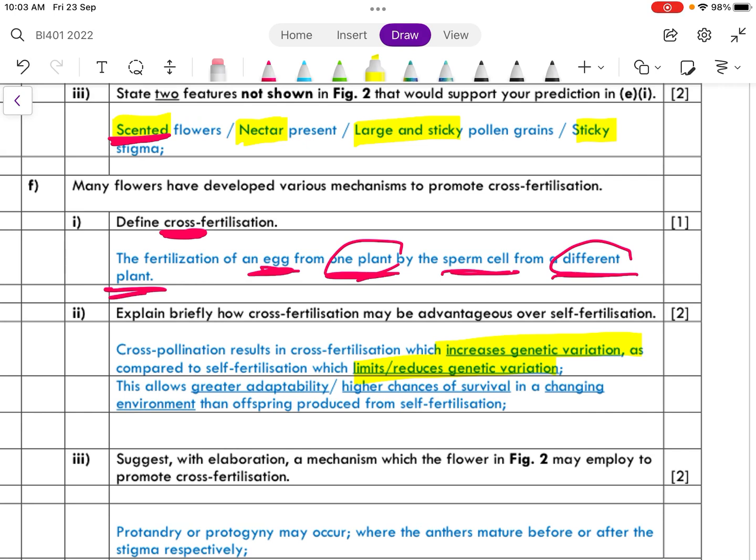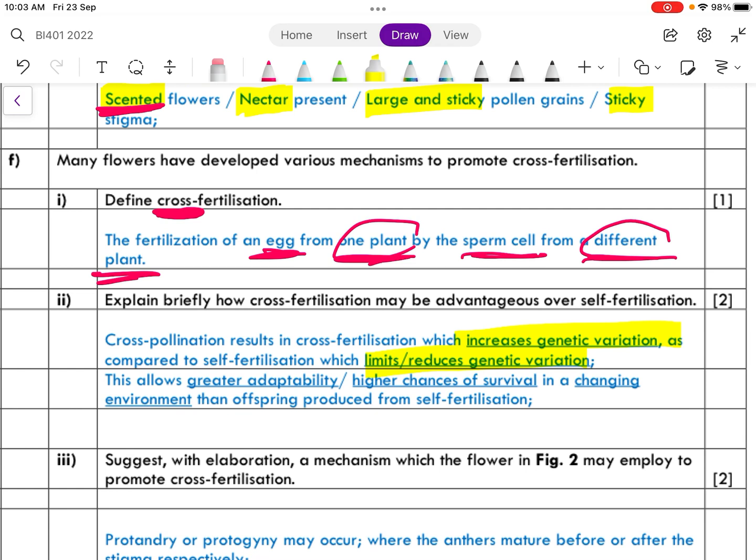Let's say you have a pollen grain from a flower that lands on its own stigma, fertilizes its own egg. That is also possible. But remember that the sperm and the egg will also be varied because of meiosis, that's crossing over and all the stuff. So there will still be genetic variation, but not as varied as if you get a sperm or egg from a different plant altogether. Why is genetic variation good? So that there's greater adaptability, higher chance of survival in an environment that's changing.